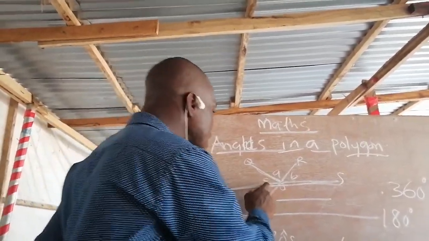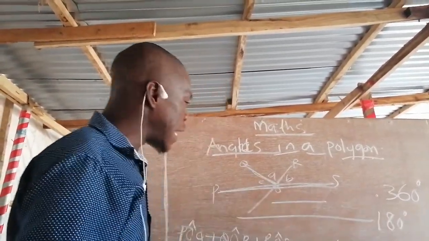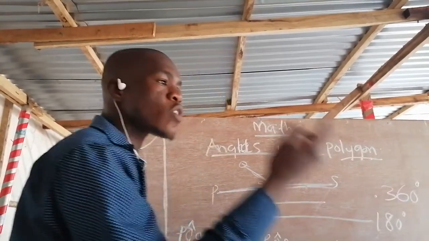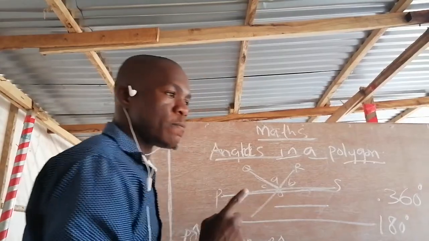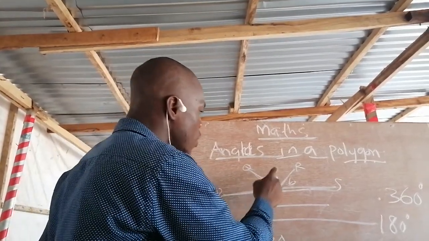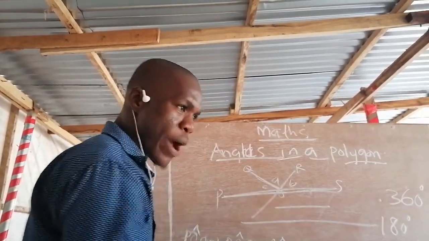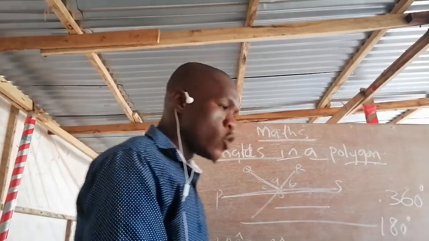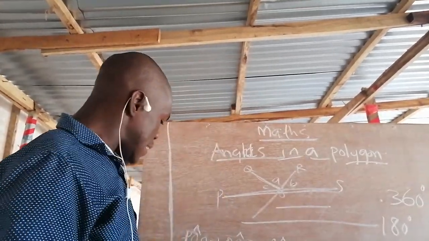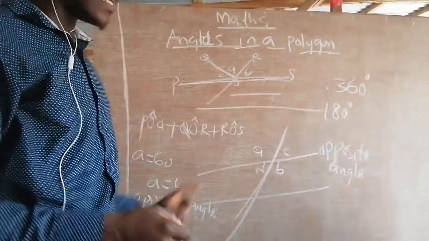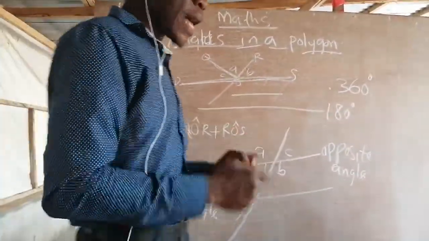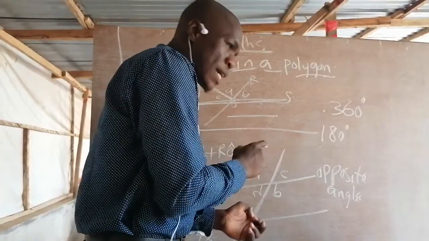So if you see anything drawn on a straight line, even without solving it, everything should be what? 180. If I add A plus B plus C, it will give me 180. So we must understand that this is the normal way that it must come.